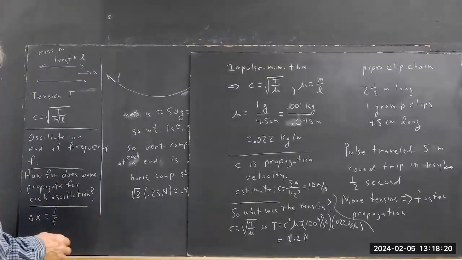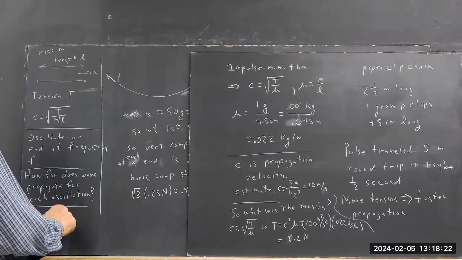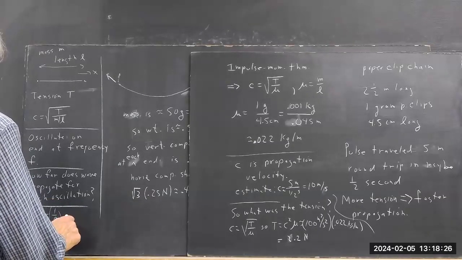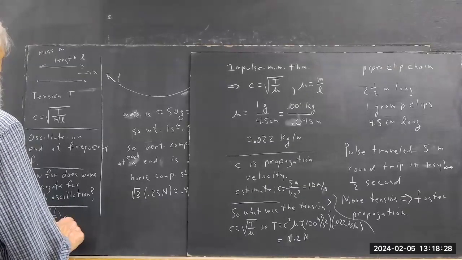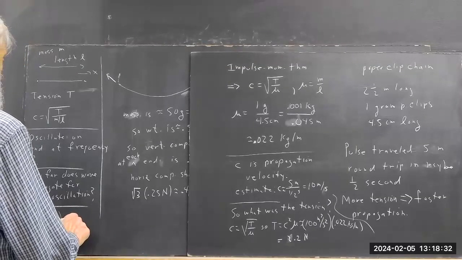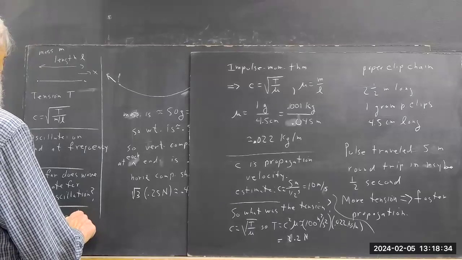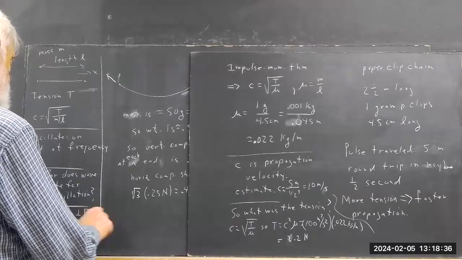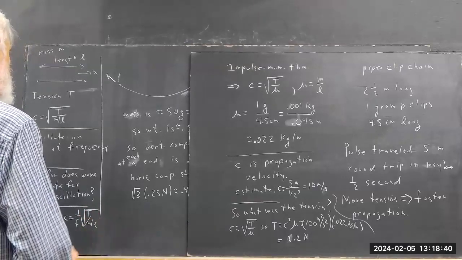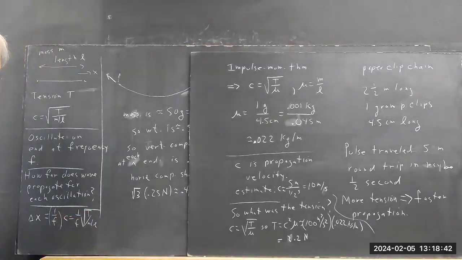So we got this immediately. That's really good intuition here. 1 over F times C equals 1 over F times the square root of tension over mass per unit length.